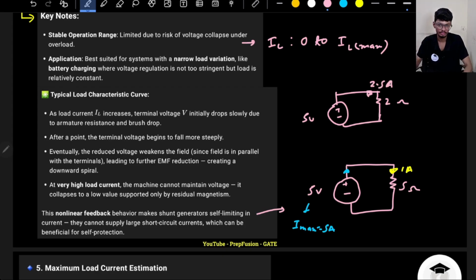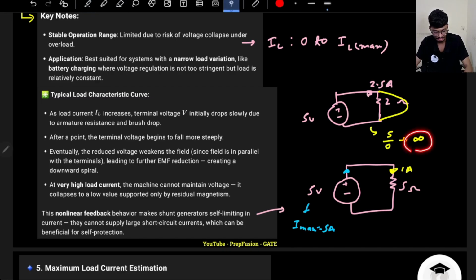If I keep on reducing it, and let's say there is some sort of fault due to which the circuit becomes a short circuit, what is the current? The current will be 5 divided by 0, which goes to infinity.